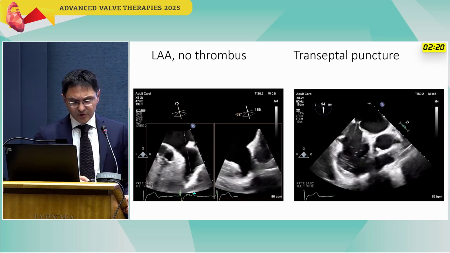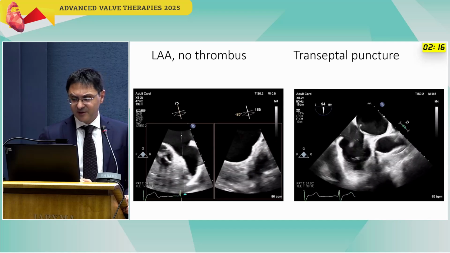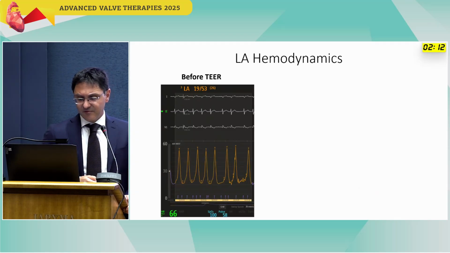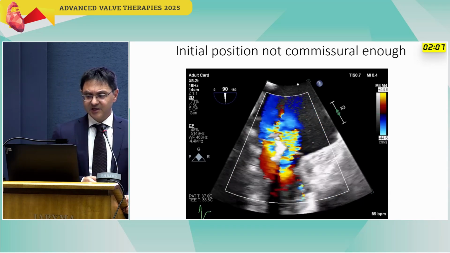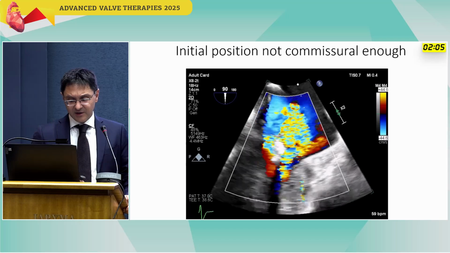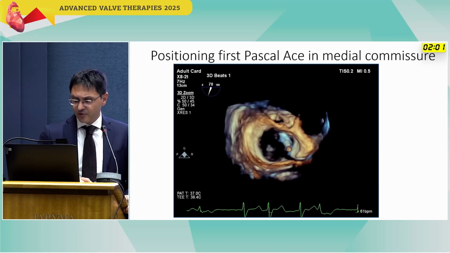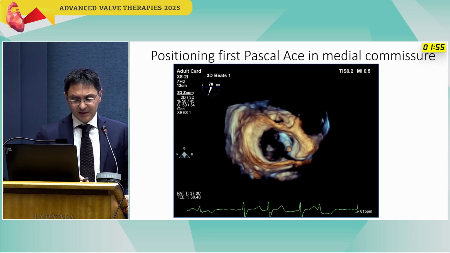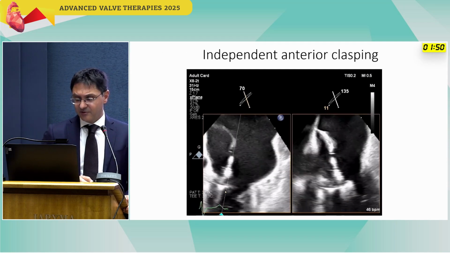At the beginning of the procedure, no thrombus in the LAA. Our transseptal puncture was not problematic. We see the very high V waves of our patient. Here is the initial positioning of our first device, the PASCAL ACE, which was not commissural enough, so we positioned again in the medial commissure, and we see the clocking of the device counterclockwise.